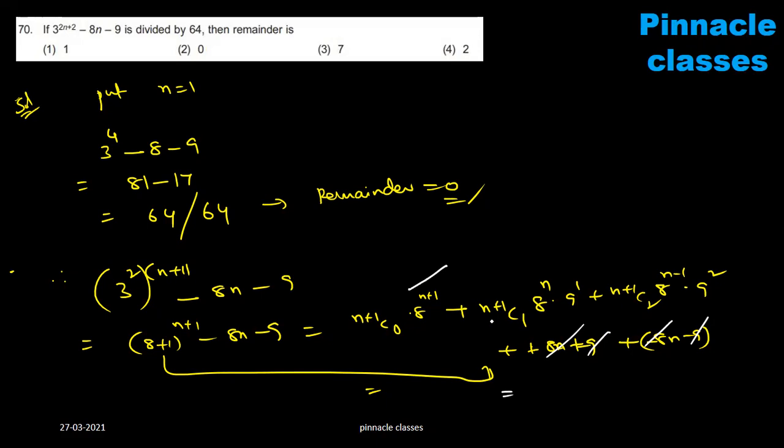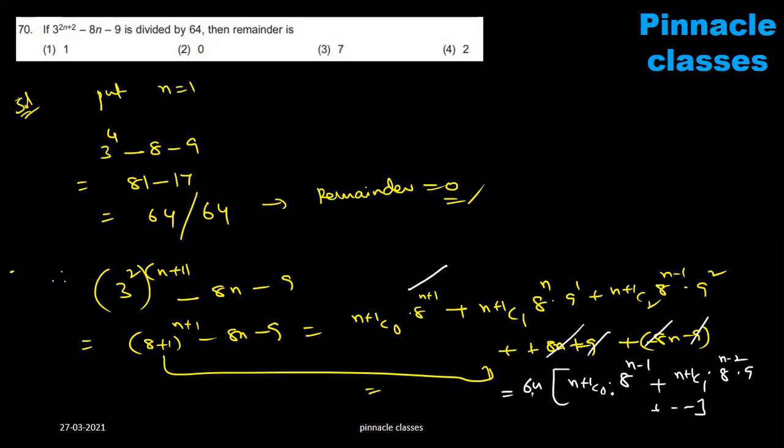Take 64 as a common factor: 64 into n plus 1 C naught, 8 power n minus 1, plus n plus 1 C1, 8 power n minus 2 into 9, and so on like that.